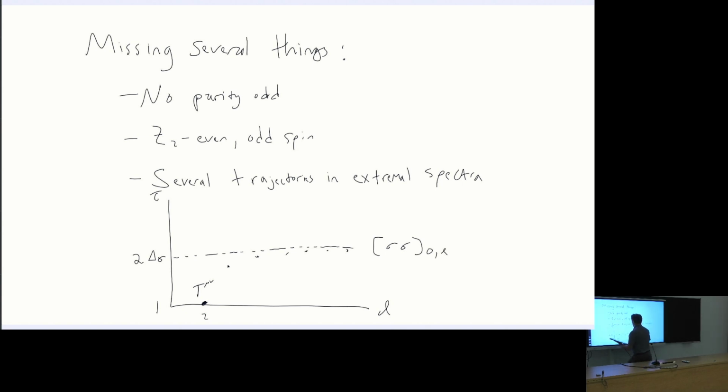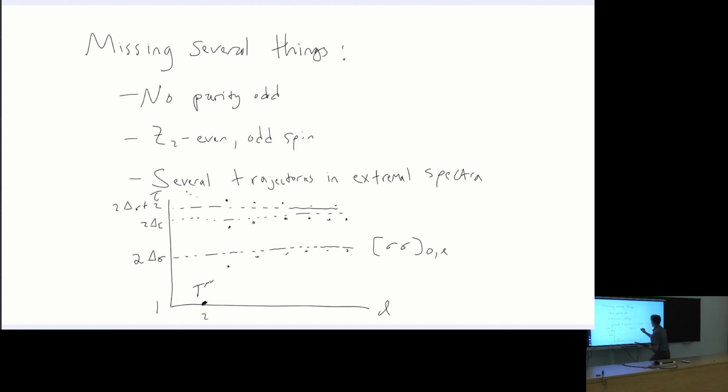You also see very cleanly the next couple trajectories, or at least you see a trajectory which asymptotes to 2 delta epsilon, and you see another trajectory up here, which asymptotes to 2 delta sigma plus 2.